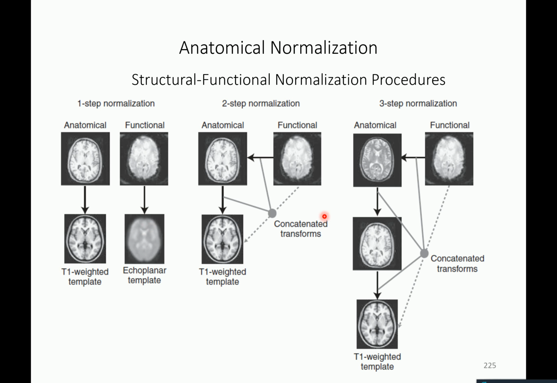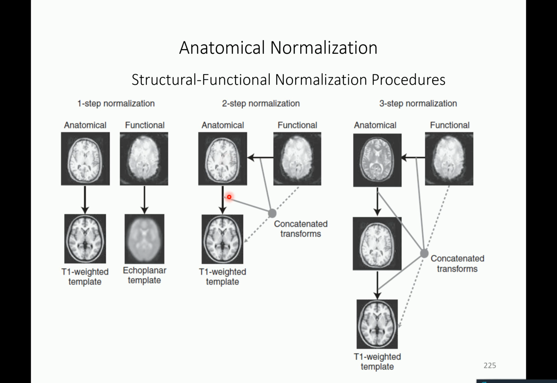What you also can do, and this is what I briefly mentioned previously, is to align your functional data with your anatomical data on a single participant basis, morph your anatomical data into the anatomical T1 MNI space.